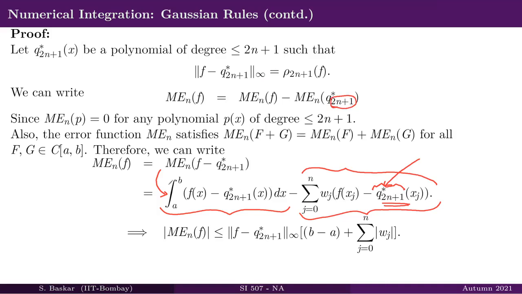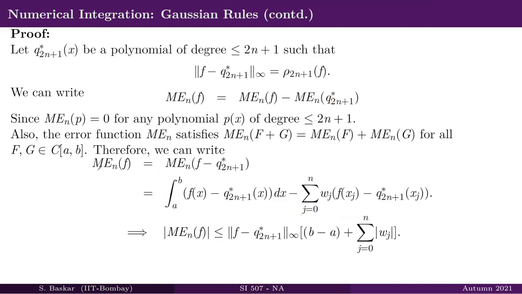Well, now you take the modulus on both sides. You can see that the modulus of MEN of f is equal to the modulus of this. Then you take less than or equal to, take the modulus inside, and make a plus here. Further, it is less than or equal to, you take the modulus inside the integral and remove this out by taking the infinity norm, right?